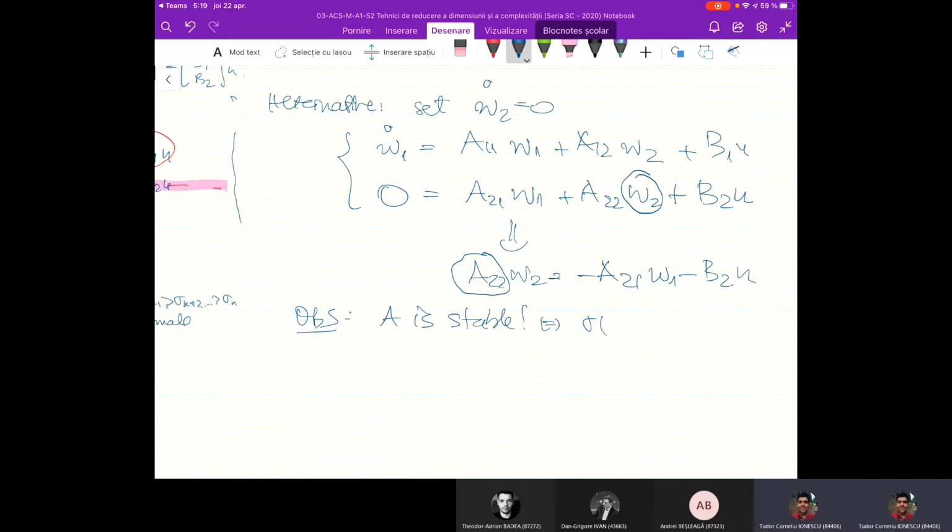This is equivalent to the fact that sigma of A is in C minus. Then any partition you make in general leads to A22 invertible, because you cannot get a zero eigenvalue if you haven't got a zero eigenvalue from the very beginning. So generically this is invertible.